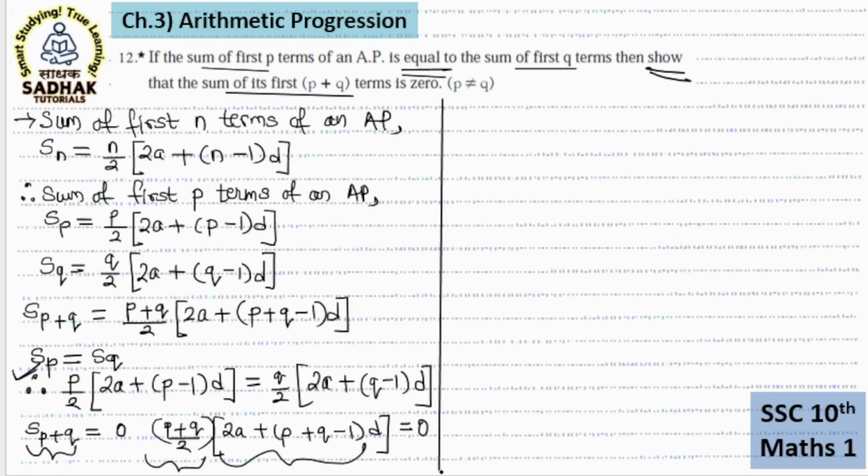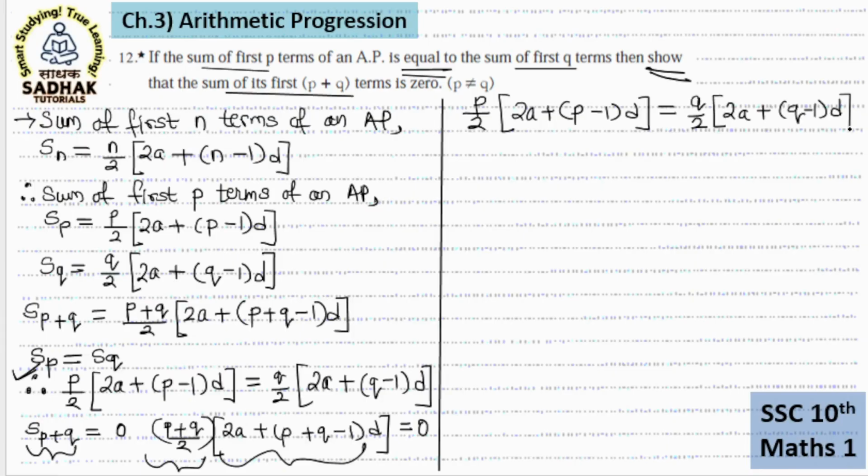Okay, so what do we have? We know that p upon 2 bracket 2a plus p minus 1 multiplied by d is equal to q upon 2 bracket 2a plus q minus 1 multiplied by d.